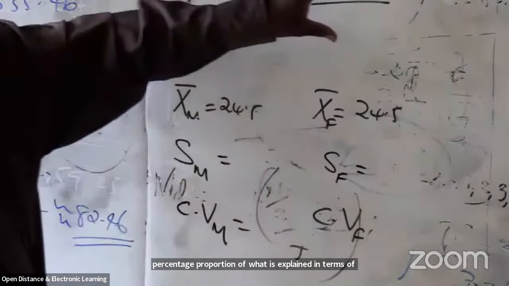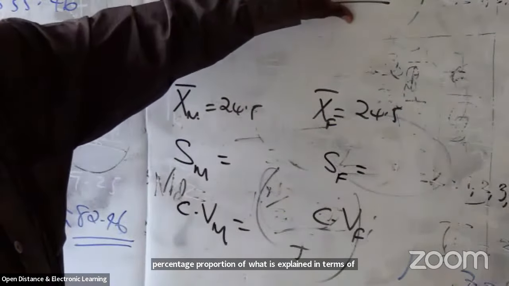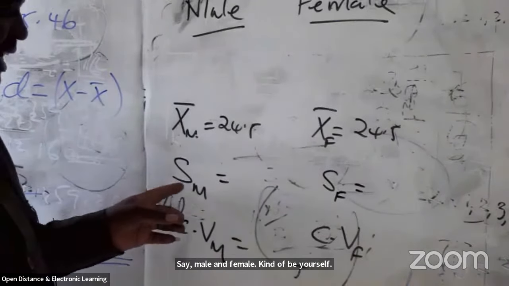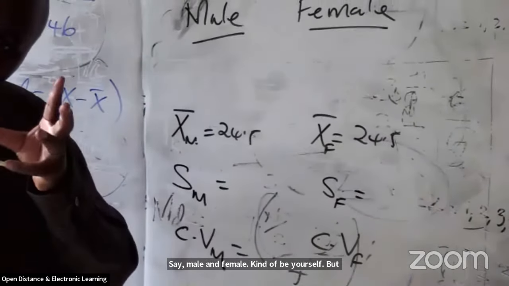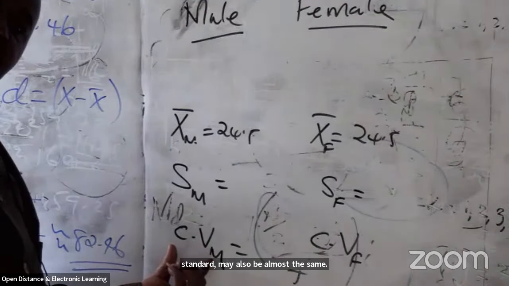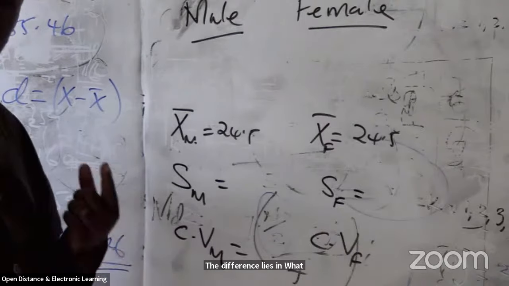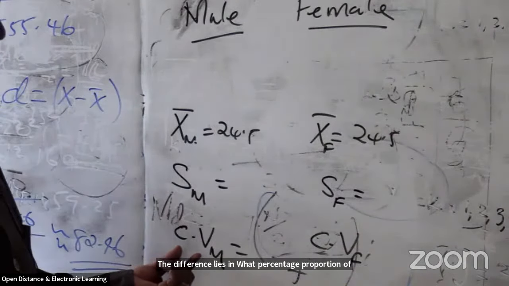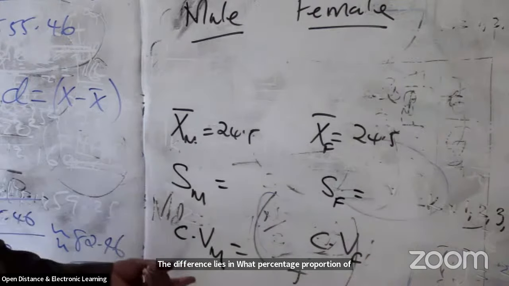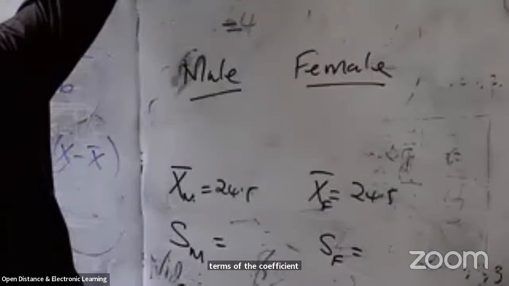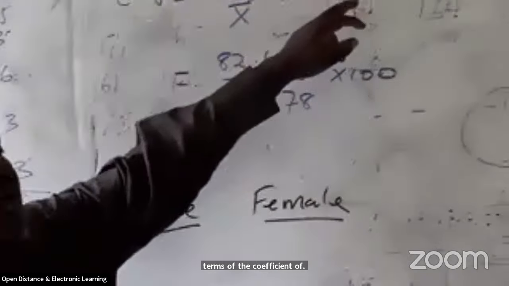So two sets of data, say male and female, can have the same mean, and their standard deviation may also be almost the same. The difference lies in what percentage proportion of that variation can be explained, and this is expressed in terms of the coefficient of variation. And the coefficient of variation, ladies and gentlemen, is the standard deviation divided by the mean times 100.